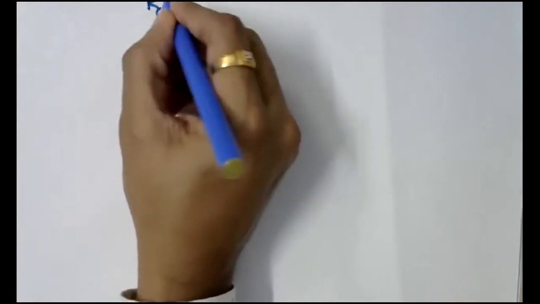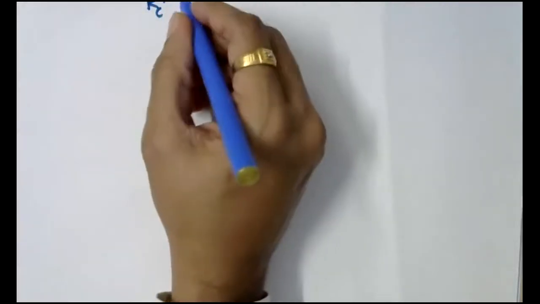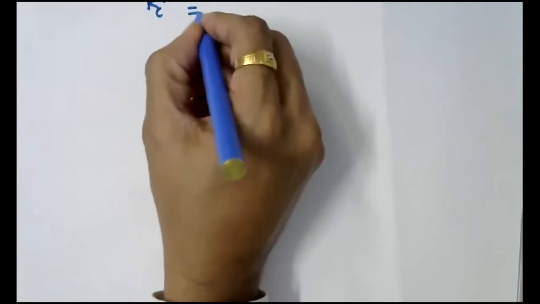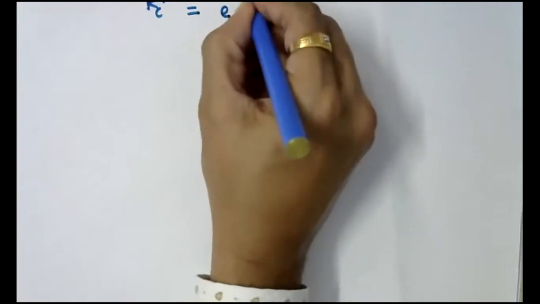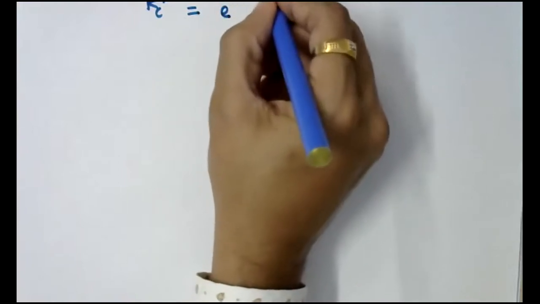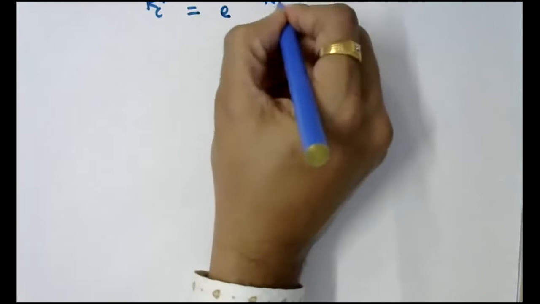Now, by referring to equation 9, we can determine Kc star is equal to e raised to minus delta G star divided by RT.